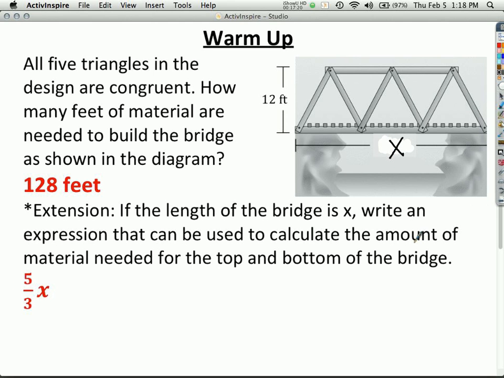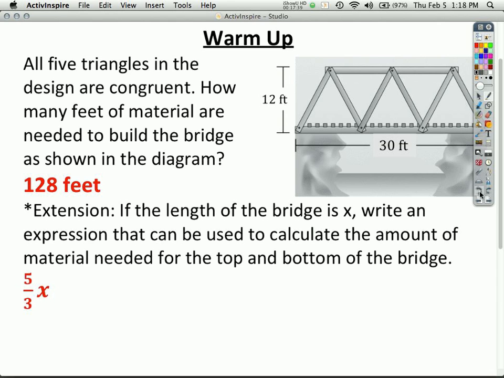How much material do we need for the bottom? X. And you figured out that the top is going to be 2/3 of that, because if you cut that into 3 equal pieces, and these are equal to these, then there's 2 out of the 3, that's 2/3 x. So you did everything that I asked you to do, you just need to be able to put it all together. Okay, good. Any comments, questions?